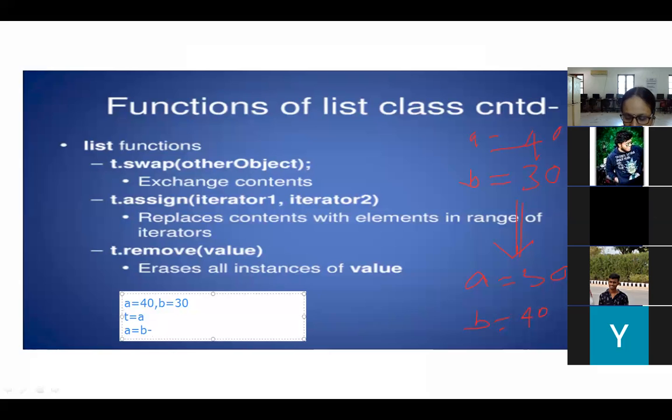Finally I will move my temporary variable to B. So the swapping needs only these three lines.